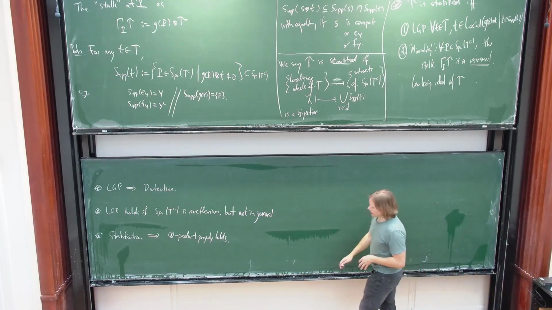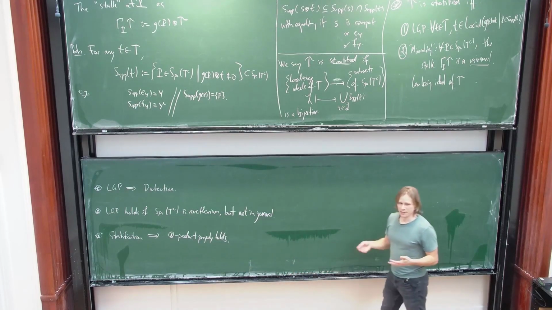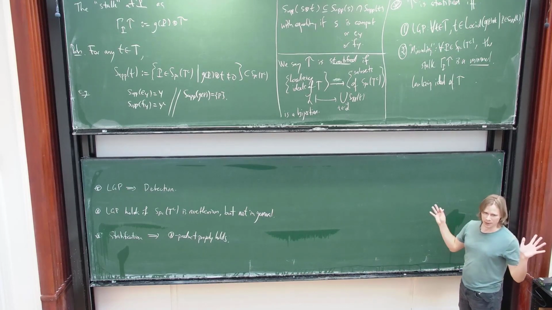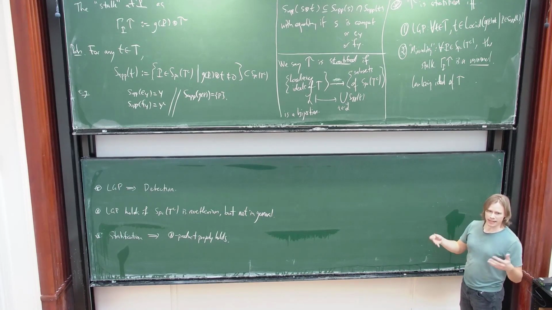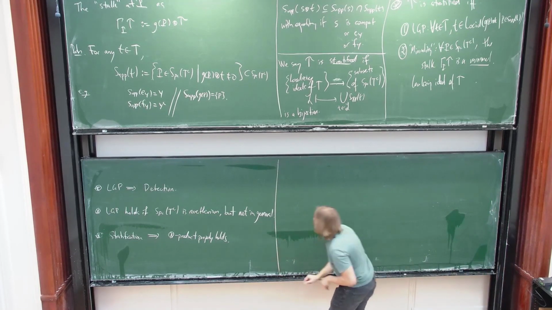And so I'm just trying to say that classifying localizing ideals is not some God-given universal thing, you know? There are other things one could try. For example, classifying co-localizing subcategories or co-localizing coideals. So let's define what they are.